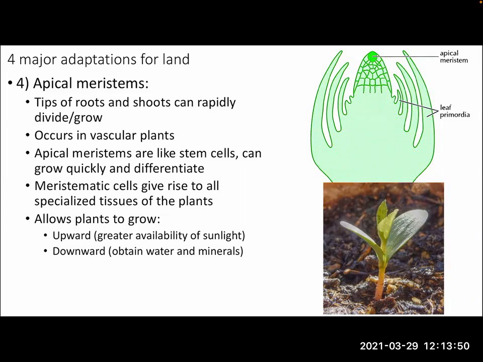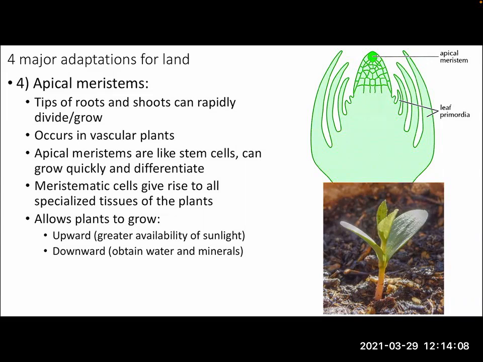So it will develop into maybe xylem or phloem or leaf tissue, stem tissue, etc.